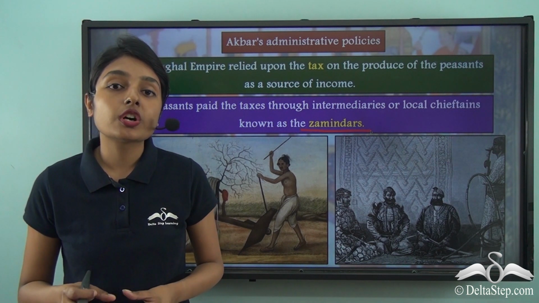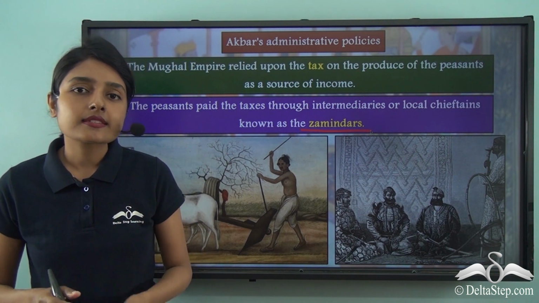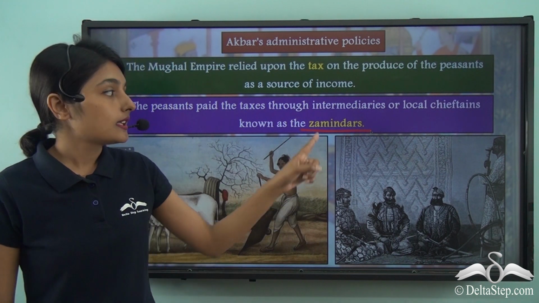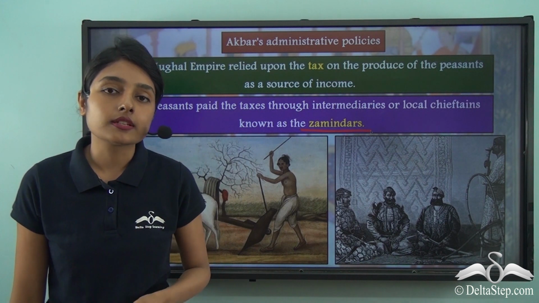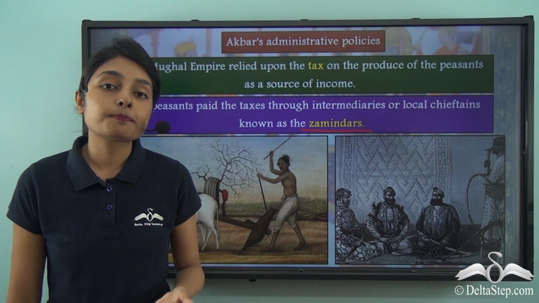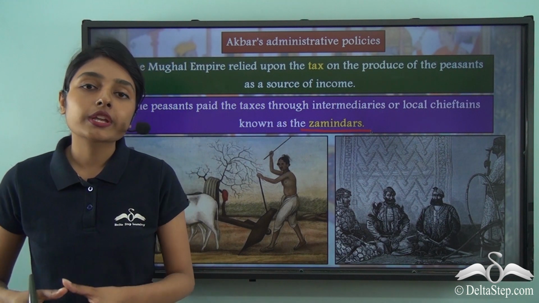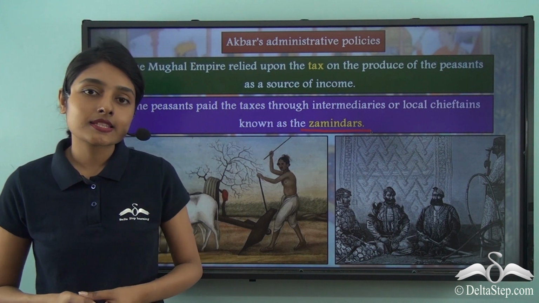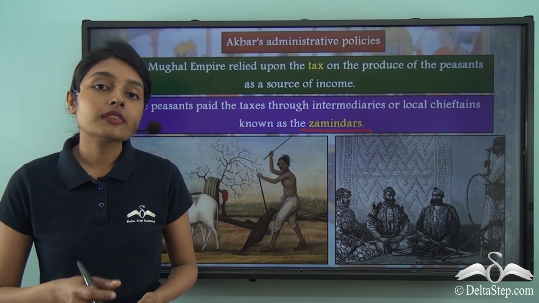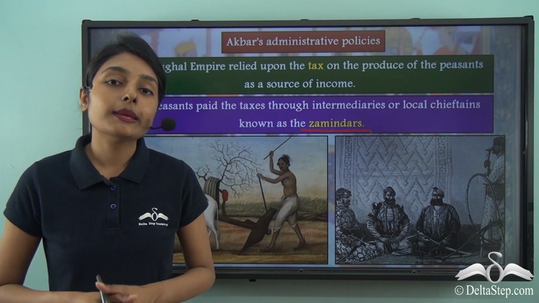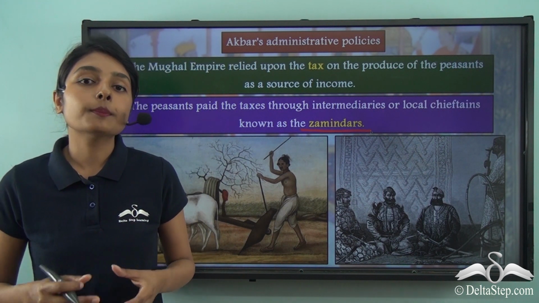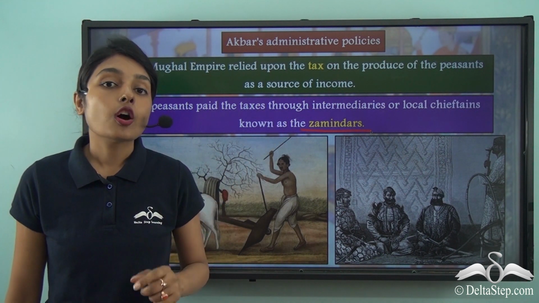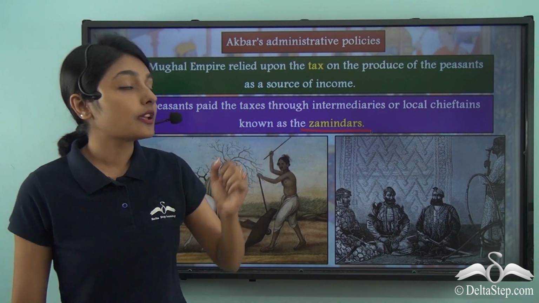These zamindars were landowners, and the peasants used to till and work on the lands which were owned by these intermediaries called zamindars. Then these peasants paid taxes for working on those lands to the zamindars themselves. And in turn, these zamindars paid revenue to the Mughal Empire. So this is how the Mughal Empire earned its income from the taxes on the produce of the peasants.